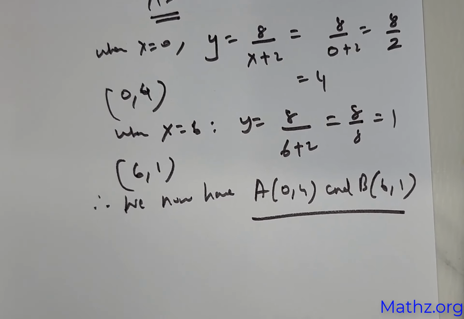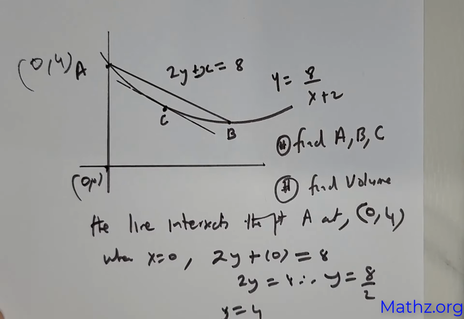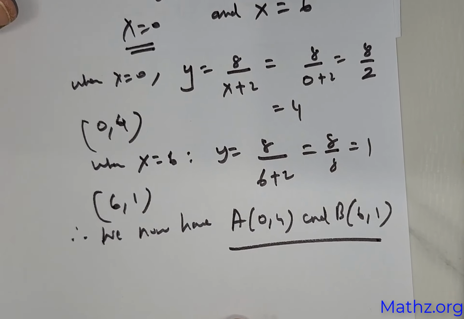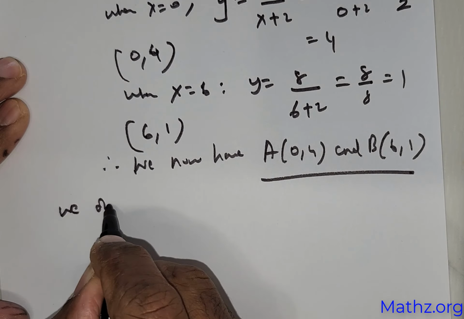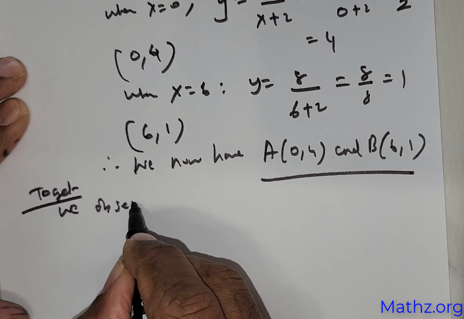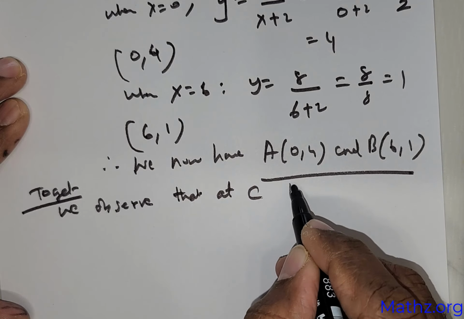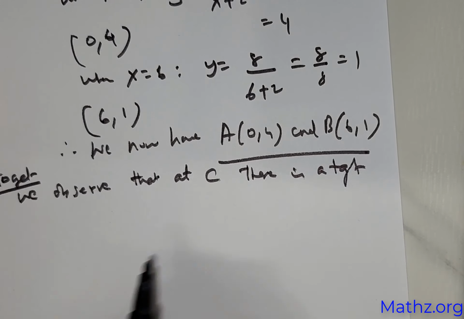But that is not the end of the question. The question is complete only when we get the point C. So how are we going to get the point C? To get C, we observe that at C there is a tangent.